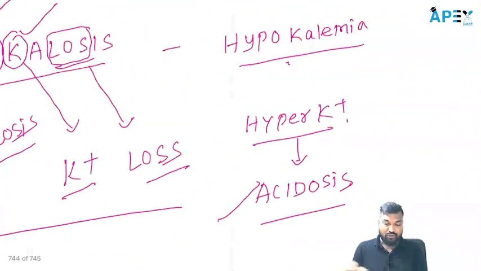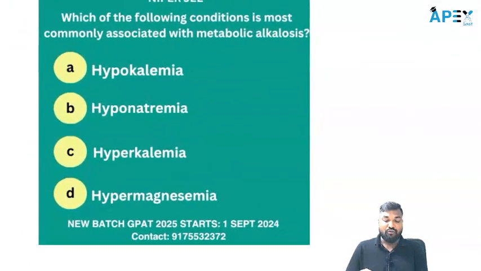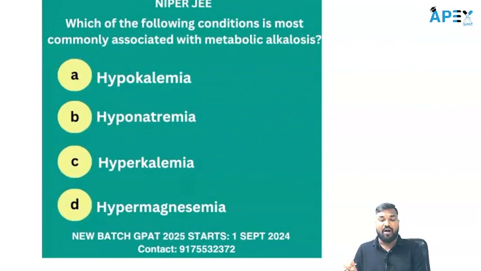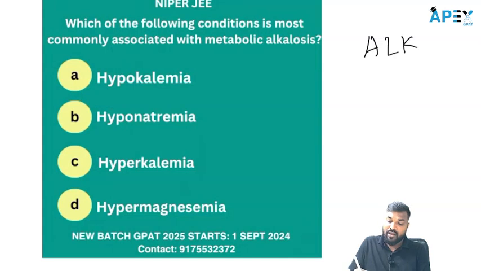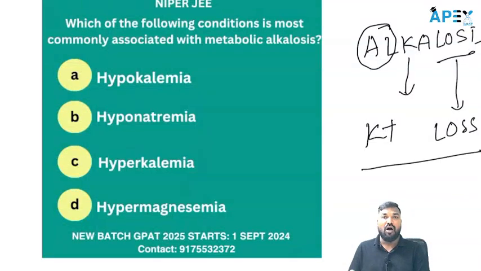Now moving to the question. Tell me, which of the following conditions is most commonly associated with alkalosis? The name itself is saying alkalosis, K, potassium loss. If there is a potassium loss, then we will get alkalosis. Potassium loss is hypokalemia.